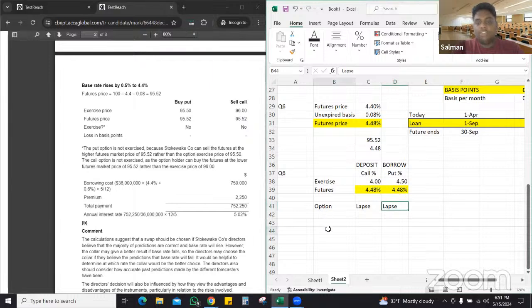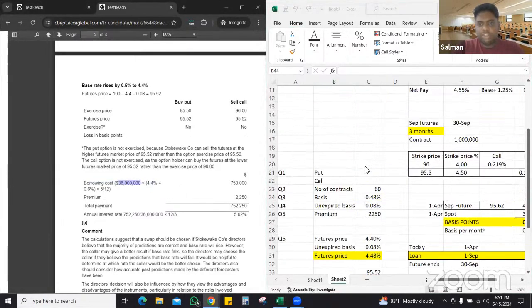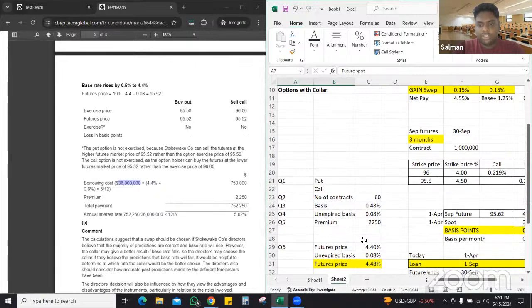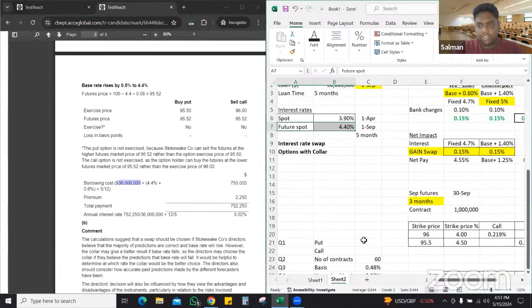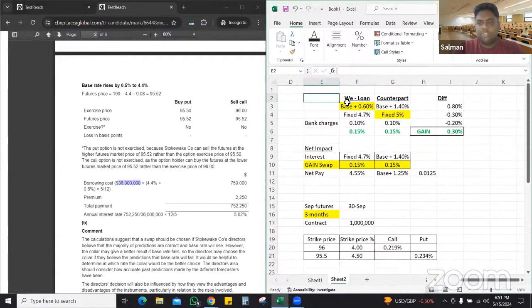So if you are looking at the final impact, your borrowing cost. Your borrowing cost is how much? 36 million borrowed at future at 4.4%. On top of that, we have to pay 0.6%. Why do we pay 0.6%? Because when we are taking a loan, we have to pay base rate plus 0.6%. Since we are lapsing the option on September 1st, we do not agree with the option.